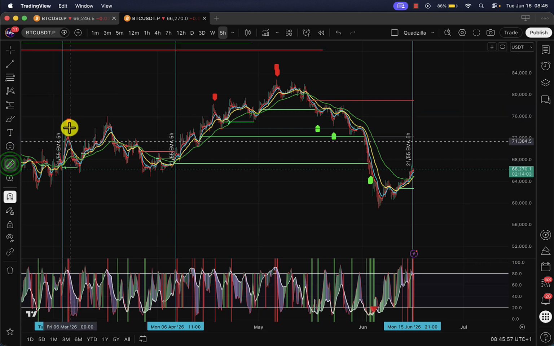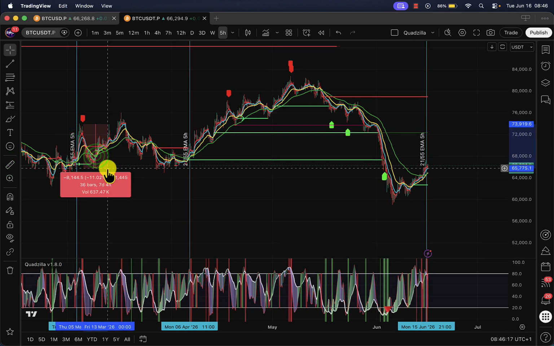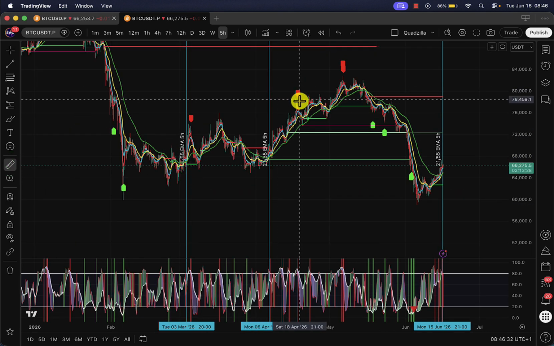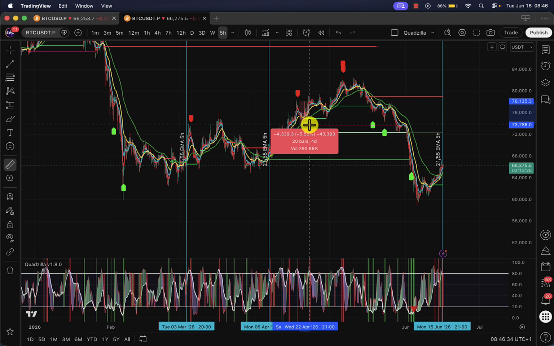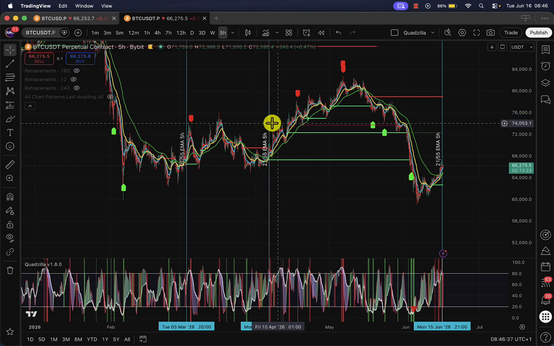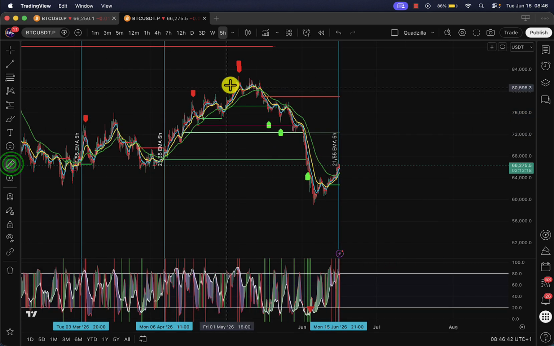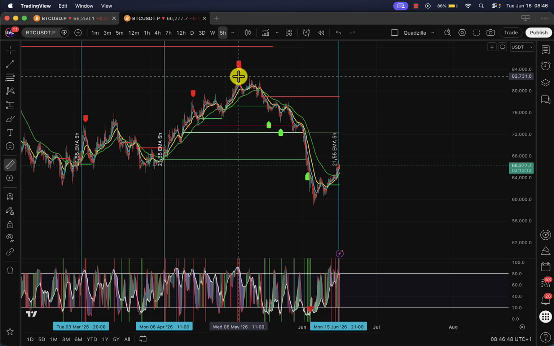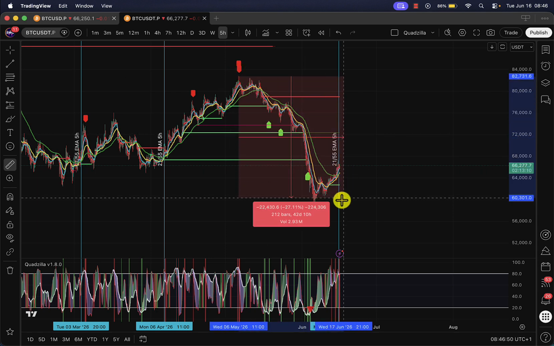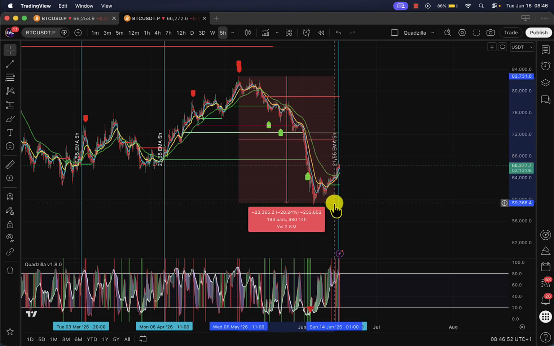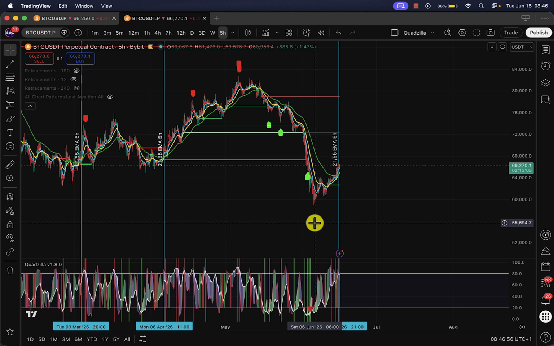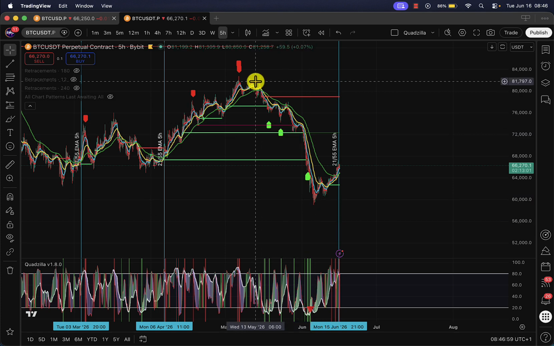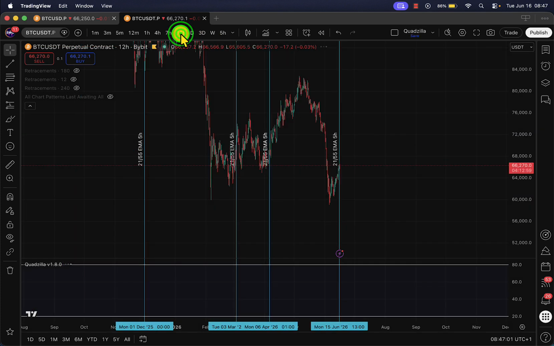Now that was a reasonable dump of about 11%. These later ones, not so much, more like 5.5%. But then there was this one here, where we got the super down, and we went down 28%. I wonder if we can see this on a larger time frame, something like the 12-hour.